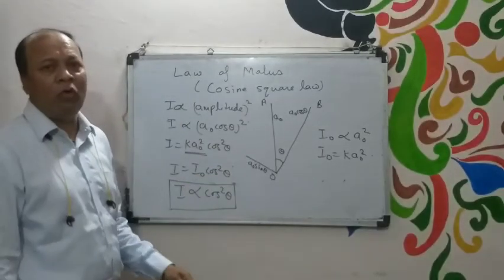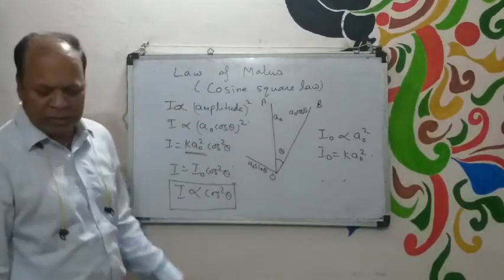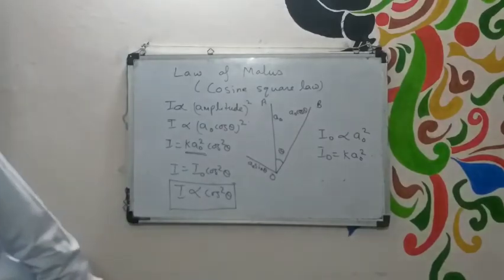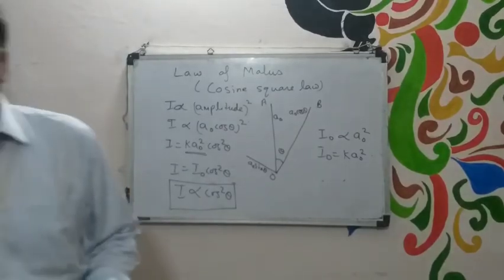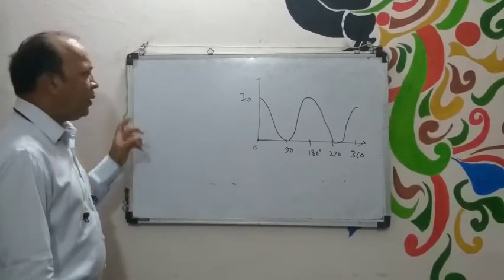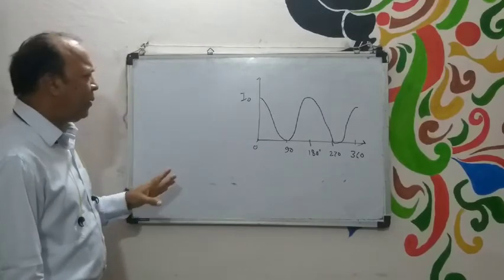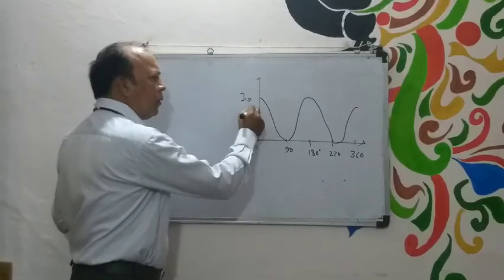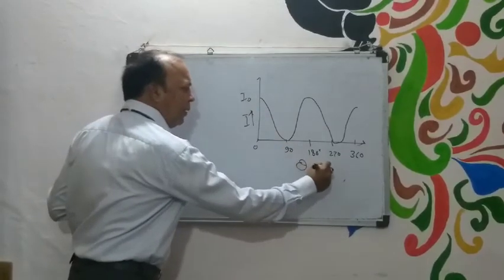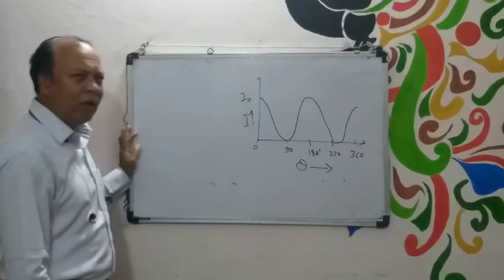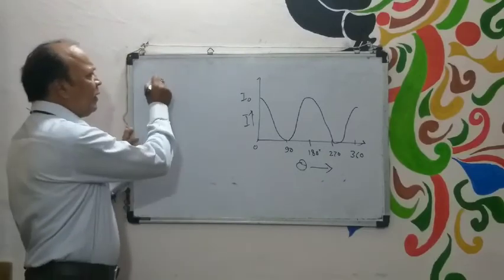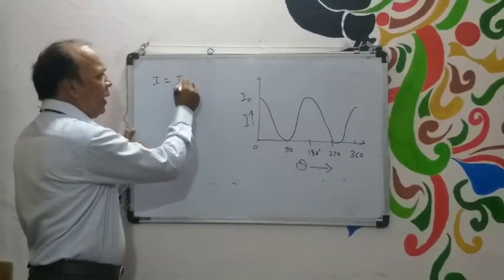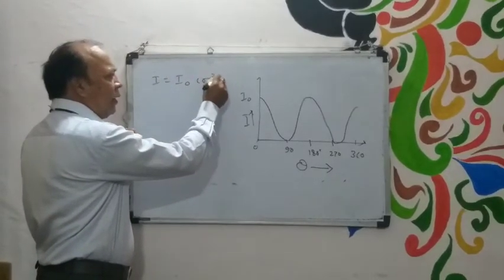Now we will see how numericals are asked on this portion. Let us see how the intensity of light varies with respect to the angle between the plane of polarizer and the plane of analyzer. We have already studied that I is equal to I naught cos square theta.